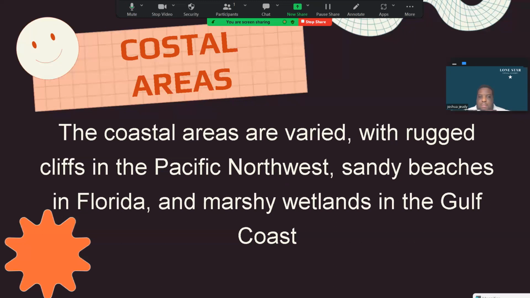So if you're looking at a map of the East Coast, it goes ocean, Atlantic, then high elevation in the Appalachian Mountains, then down flat again in the plains, and then up again with the Rocky Mountains, and then down again to that rugged coast on the West Coast. And then on the West Coast, you got California, Washington, and Oregon, and you got the Pacific Ocean out there. And they have nice, cool temperatures in those regions.